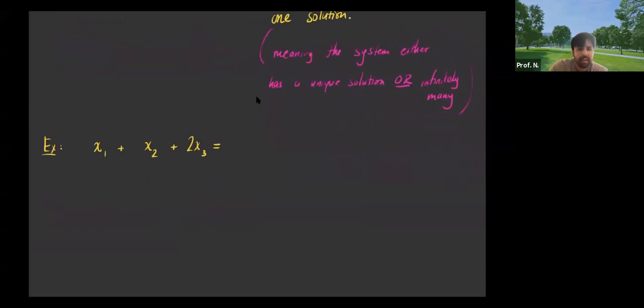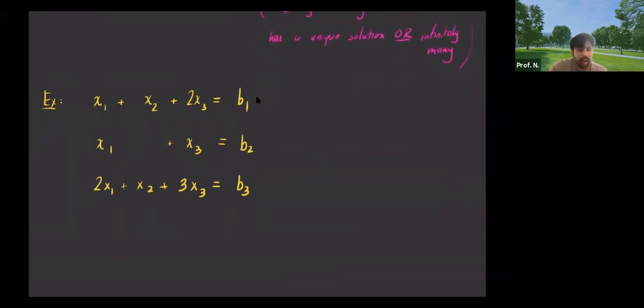So if I want to determine the consistency, I want to determine what's a requirement for this system in particular to be consistent. First I'm going to write out the system. There are a lot more variables this time, right? I have x1, x2, x3 as my variables, and b1, b2, b3 could be any numbers, but I'm calling them b1, b2, b3.